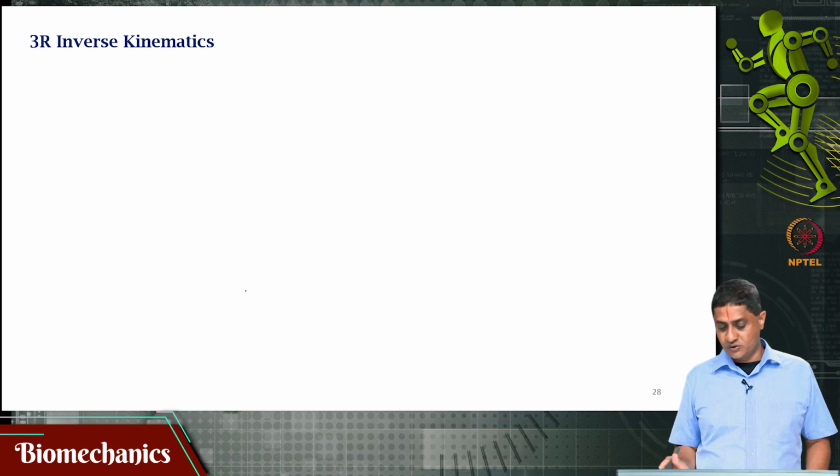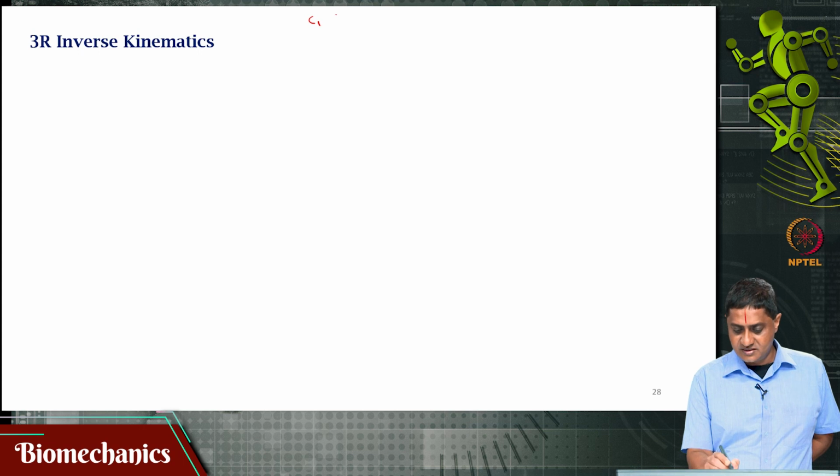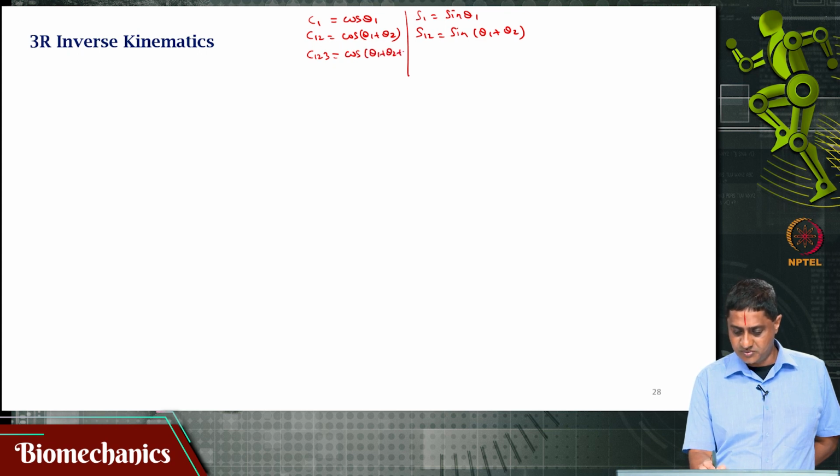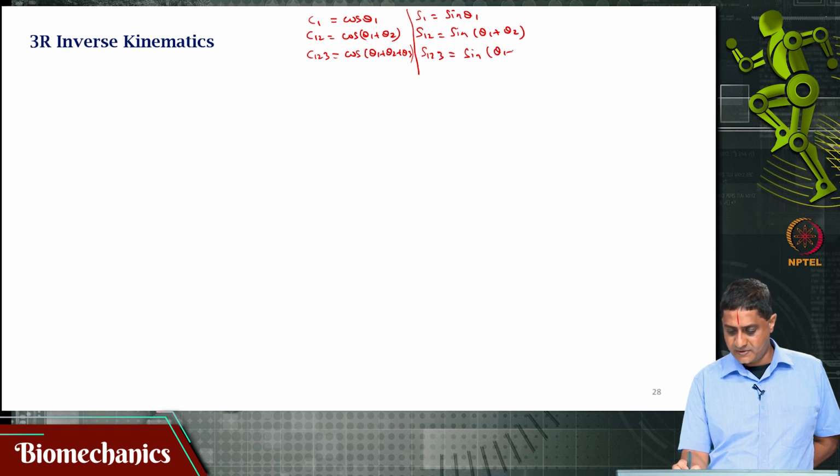Let us write down our notation for remembrance. C1 is cos theta 1, S1 is sin theta 1, C12 is cos of theta 1 plus theta 2, S12 is sin of theta 1 plus theta 2, C123 is cos of theta 1 plus theta 2 plus theta 3, S123 is sin of theta 1 plus theta 2 plus theta 3.